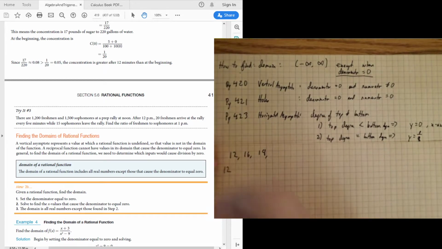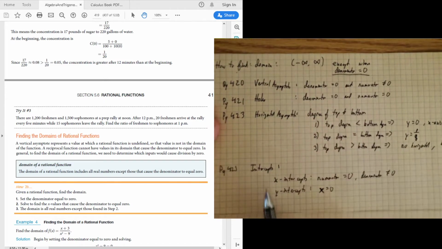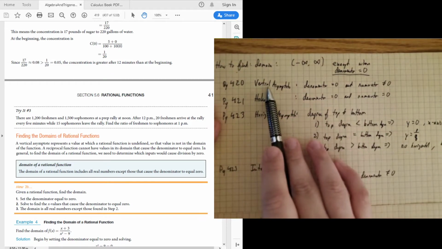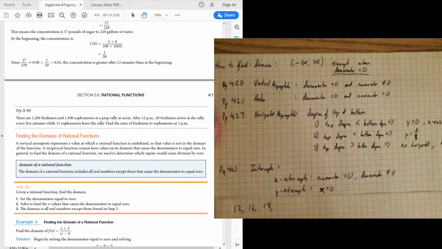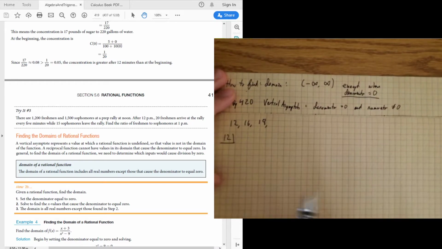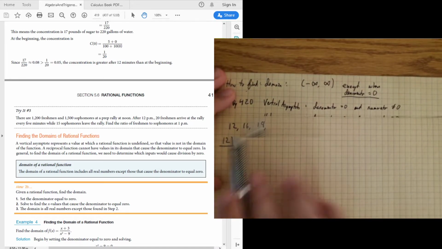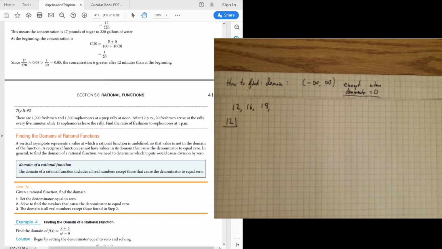On each of these problems, even though the instructions say to do one thing, I'm going to show how to find the domain, the vertical asymptotes, the holes, the horizontal asymptotes, and the intercepts. I'm going to do it all for each one of these, even though the homework may not say to do it. So on ones like number 12, they only ask about the domain, so just do the domain steps. Okay? So let's go to number 12.